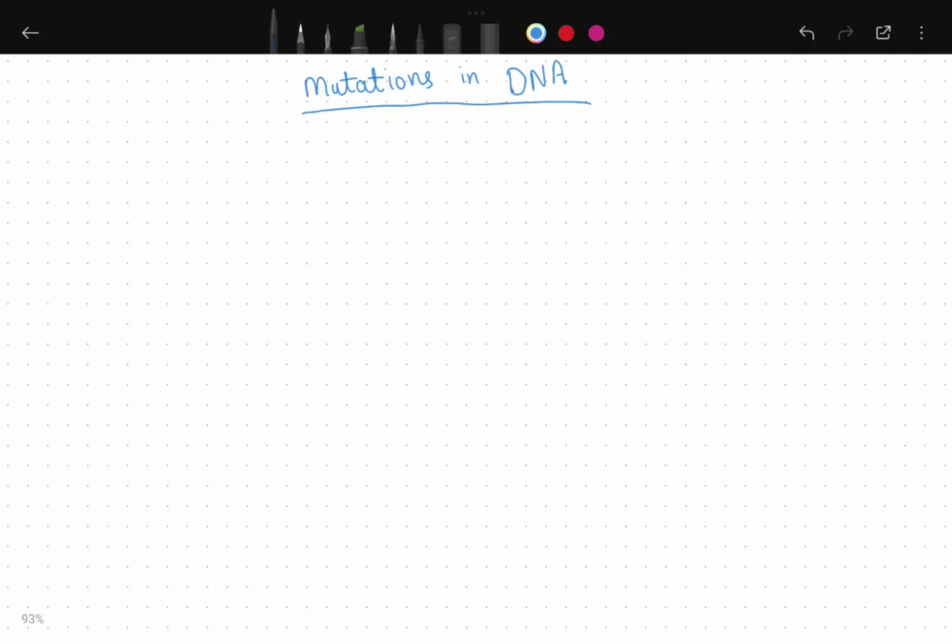In single nucleotide substitutions, like change in a single nucleotide, there are silent mutation, missense mutation, nonsense mutation, and frameshift mutation.